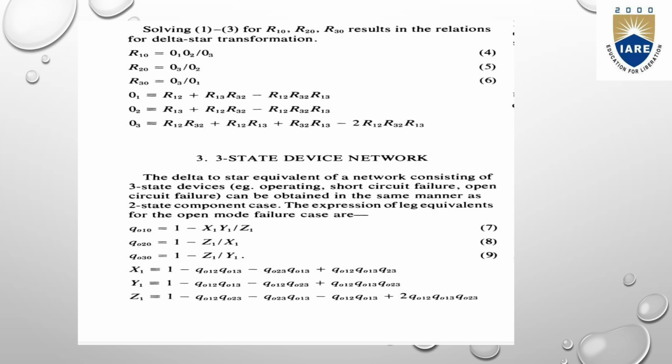The delta to star equivalent of a network consisting of 3 state devices, for example, operating, short circuit failure, open circuit failure, can be obtained in the same manner as the 2 state component case.